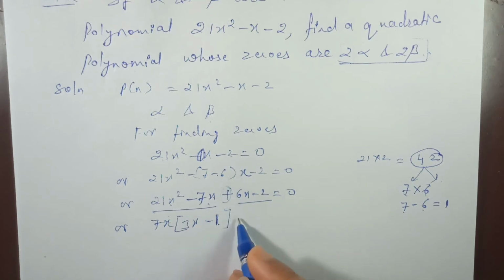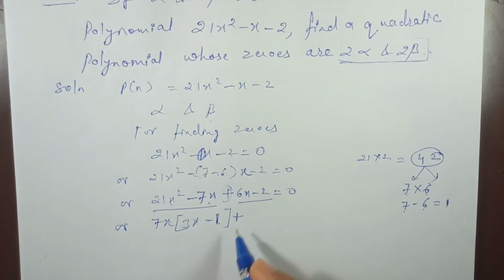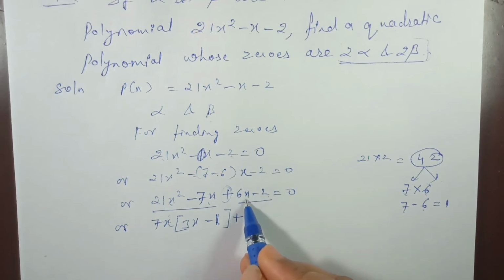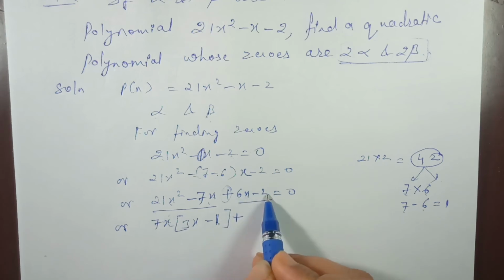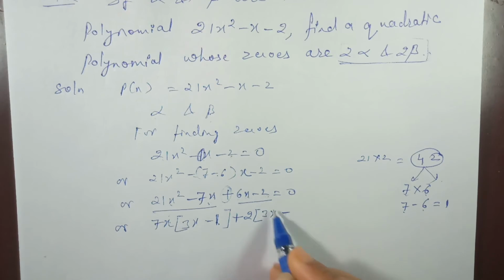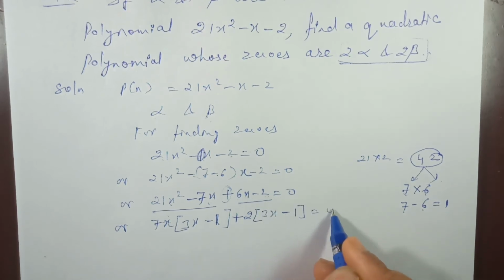Now here the plus sign is there, so we'll put plus sign. Now variables cannot be taken as common because only one term has the variable. So let's move to the numbers 6 and 2. Both the numbers are divisible by 2, so we can take 2 as common. 2 times 3 is 6, so 2 into 3x plus 2 into 1 is 2, equal to 0.